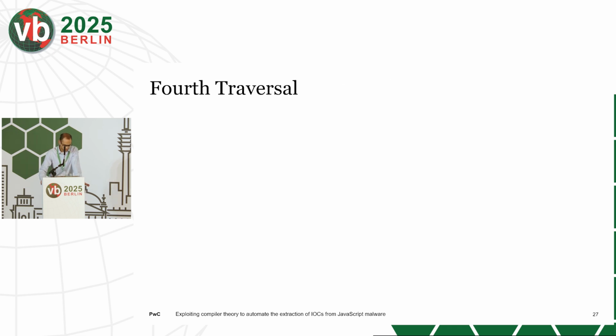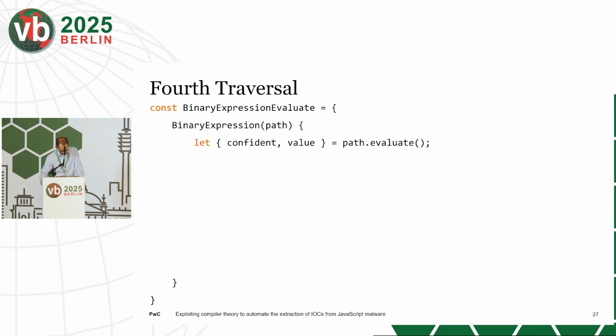Well, I won't actually spend too long on this, but what we do is call Babel's inbuilt evaluate function on the binary expression. Basically, if the value can be determined at compile time, evaluate will do it. And not only does it return the value, but it returns whether it's confident in its return value.